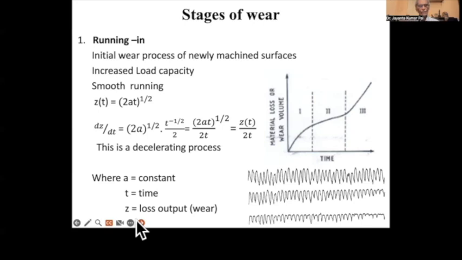So as it runs, the surfaces become smoother and smoother, and eventually the optimum load capacity is obtained, and then we must stop the running in, or usually some lubricant is used so that the smoothing does not go further.